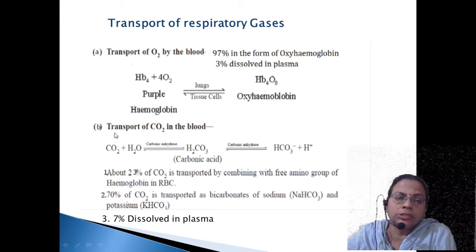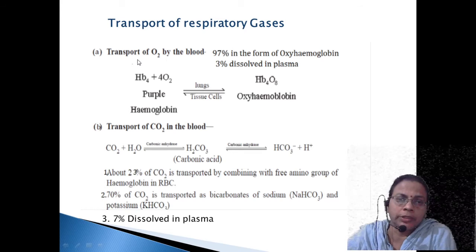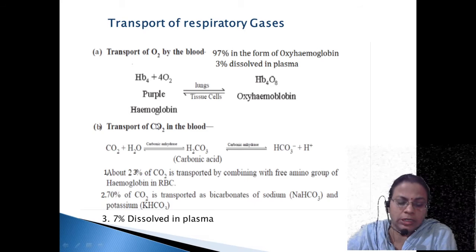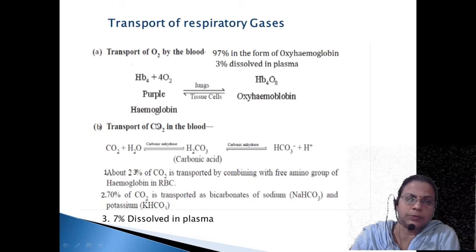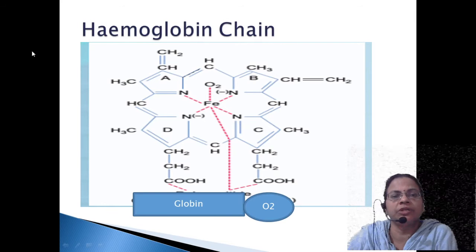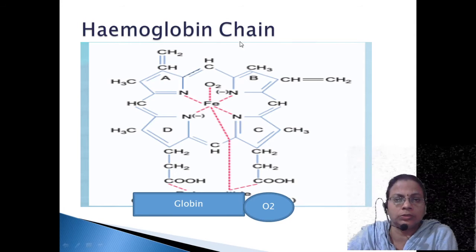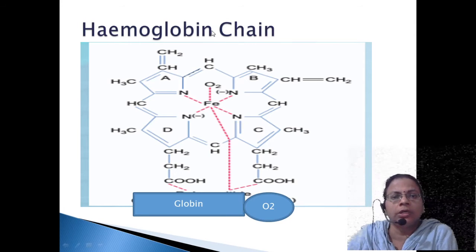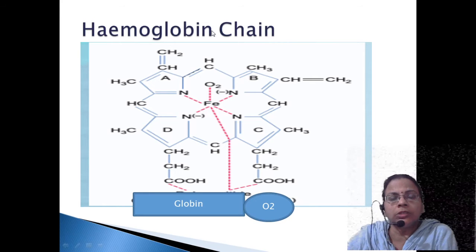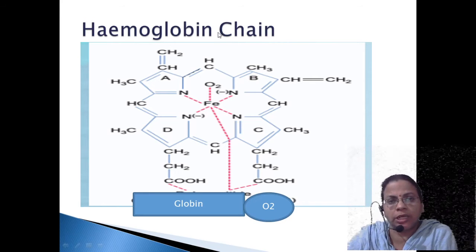Okay, so this part is very, very important, oxygen transport as well as carbon dioxide transport. This is a brief description of the hemoglobin chain. As I said before, a hemoglobin molecule is made up of 4 polypeptide chains, called hemoglobin chains.